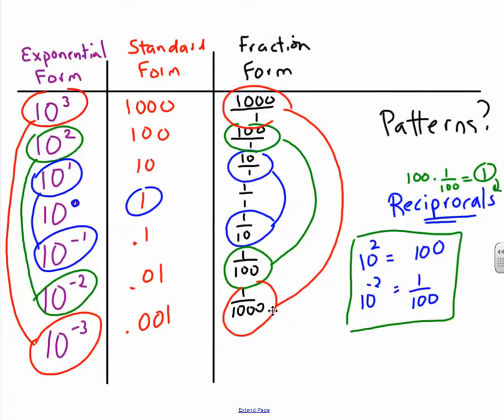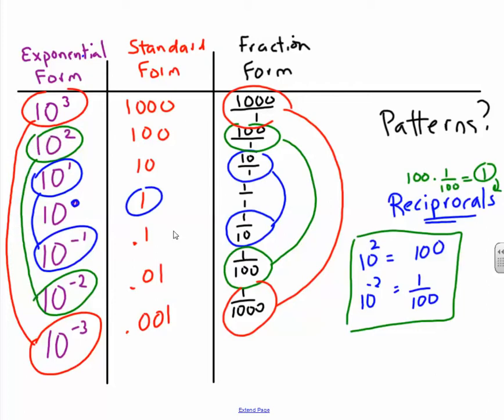1,000 groups of 1/1000th is 1 whole. 100 times 100th is 1 whole. 10 times a tenth is 1 whole. So reciprocals are numbers whose product is 1. Two numbers whose product is 1. So notice that 10 squared is the reciprocal of 10 to the power of negative 2.